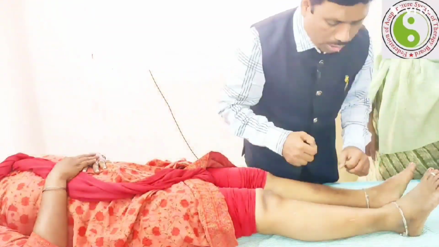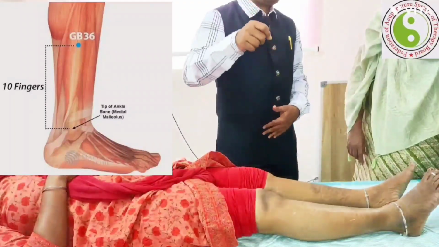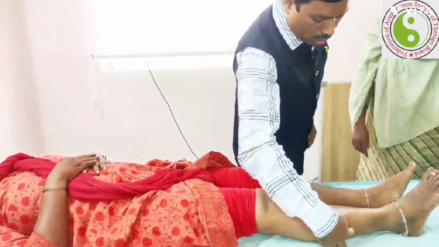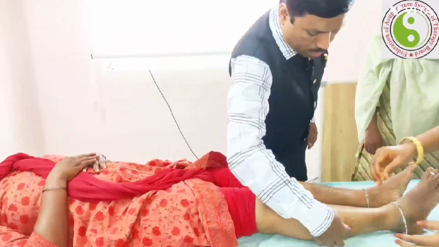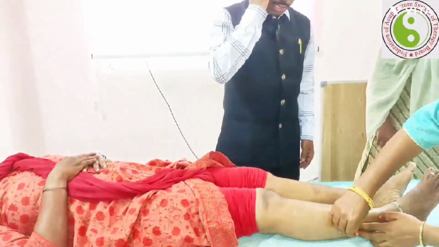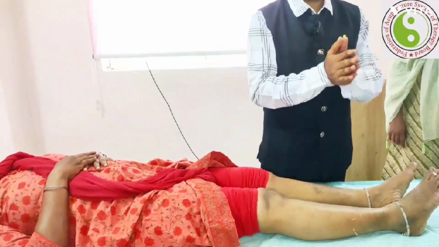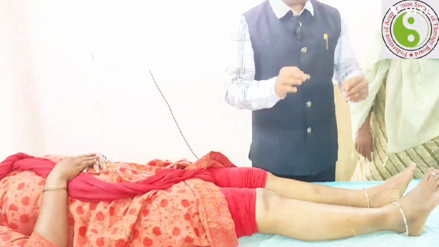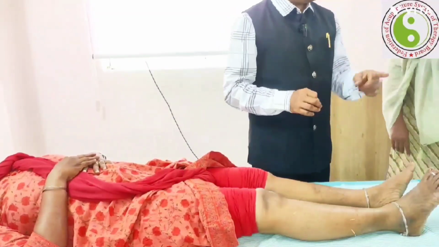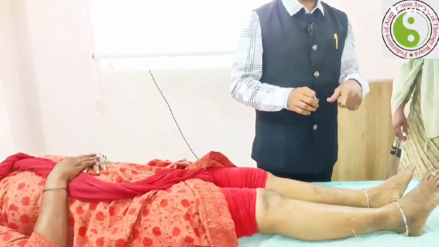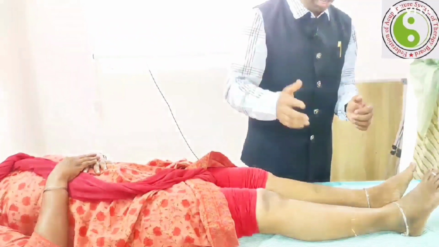Then the next point is GB36, at the posterior border of the fibula. That point is located here, the posterior border of the fibula, this is GB36. Both the points are really great points, because GB35 is the Xi-cleft point for the gallbladder, and GB36 is the Xi-cleft point for the Yang Wei Mai, extraordinary meridian.